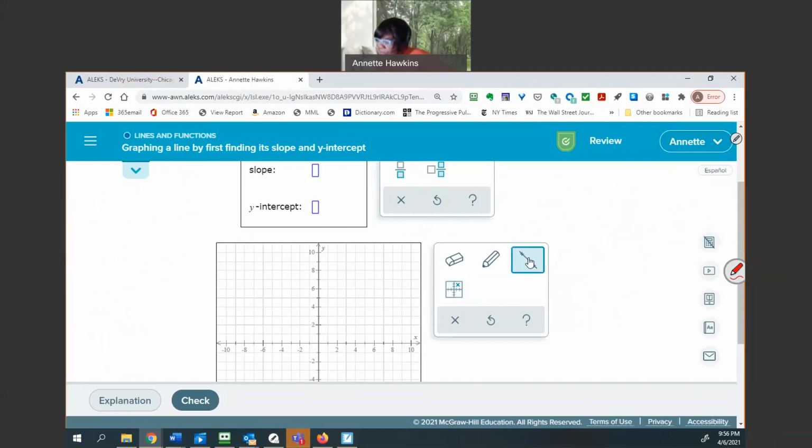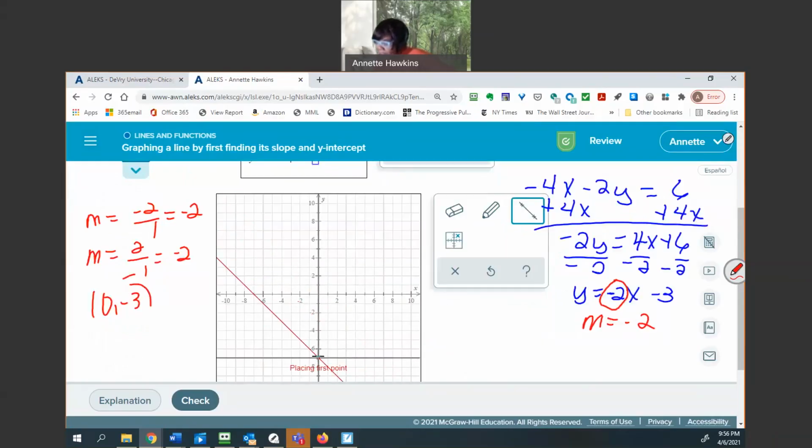So I go to the y-intercept, which is 0, negative 3. So I get my tool here, and I go to 0, negative 3, which is right here. And I'm going to use negative 2 over 1. So I go down 2, and that's a plus 1. I go to the right one, and I put a point here, and it'll graph the line.